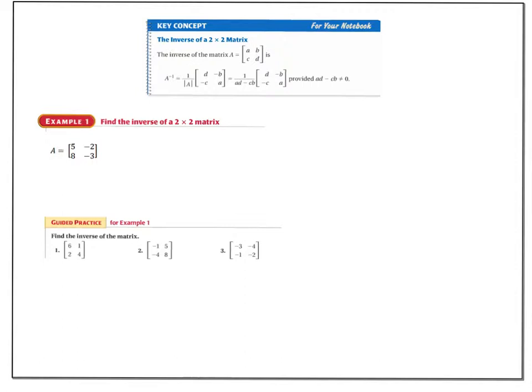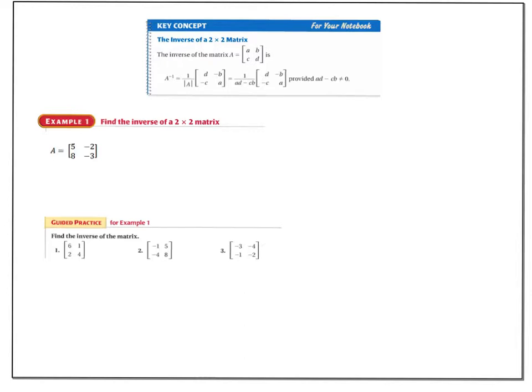So let's start with example 1, and we will find the inverse of this 2 by 2 matrix. You have matrix A, with 5, -2, 8, and -3. Your first step would be to find the determinant, but we can do it right inside of our equation. So let's begin writing the inverse.